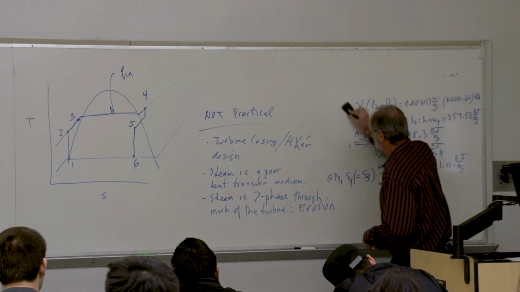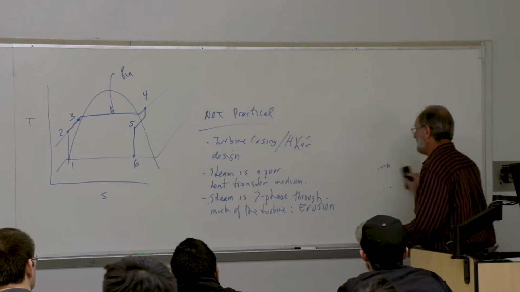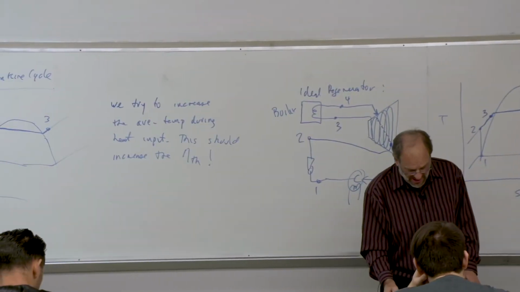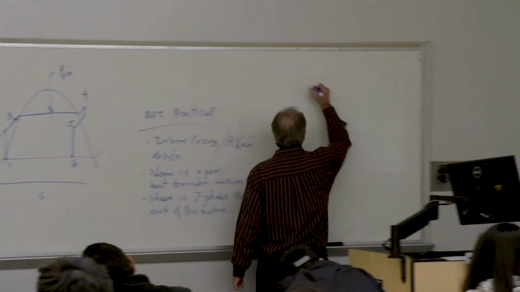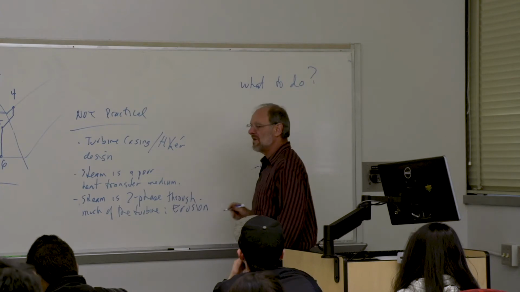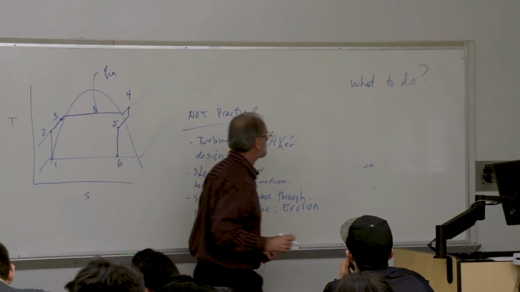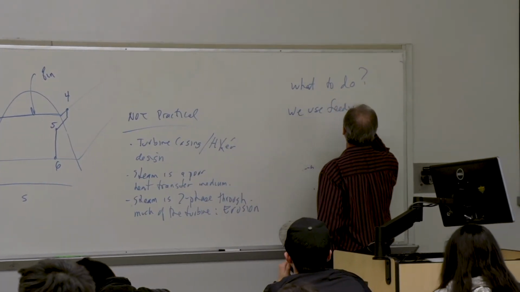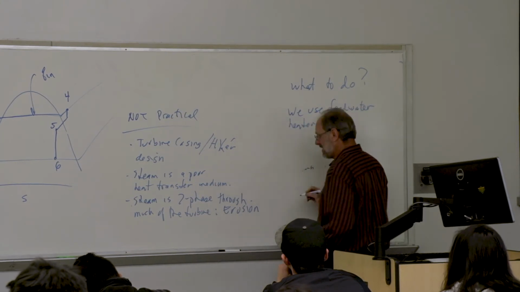So what do we do then? We would like to use regeneration, but the true regenerator, this ideal regenerator, is not particularly practical, so what can we do? Well, what we do is called feedwater heating. We use feedwater heaters. Okay?